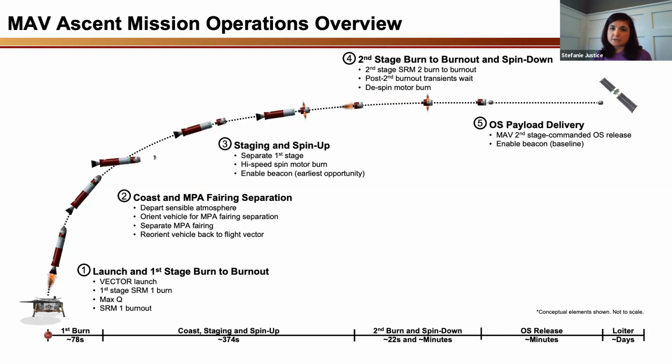And the second stage is actually an unguided second stage. So it'll have some spin motors that'll despin until we reach the OS payload delivery at our target orbit. And that's where we will release the OS and enable a beacon to be able to tell the Earth Return Orbiter where we're located. Next chart, please.